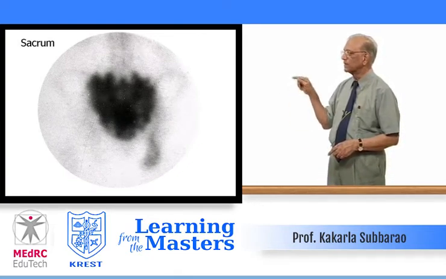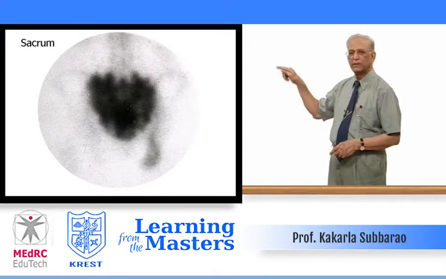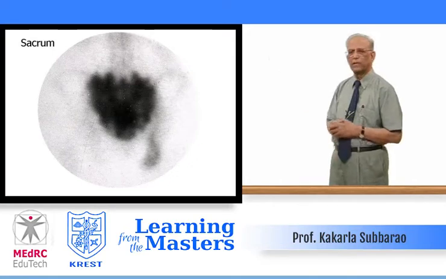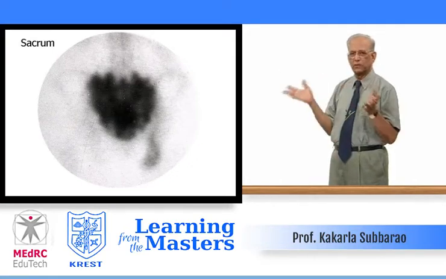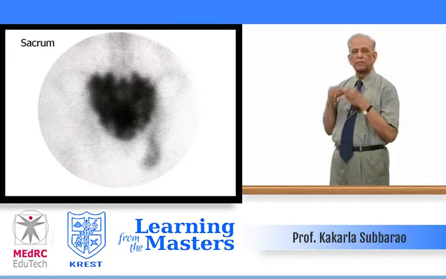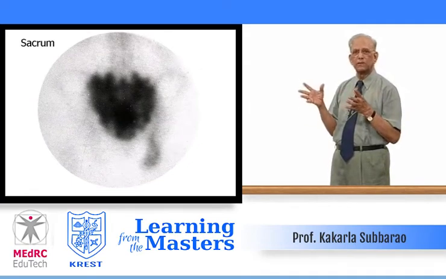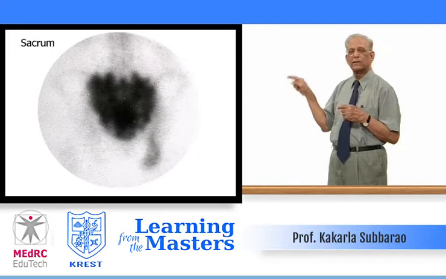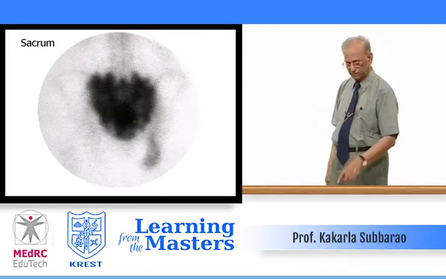Again, notice incidentally the ischial bone and the iliopectineal line. That is the clue. For example, this type of uptake in the sacrum may be due to osteogenic sarcoma, metastasis, myeloma, any other process. But that line of ischium and iliopectineal line involvement indicates maybe it is pagetoid. It proved to be pagetoid.